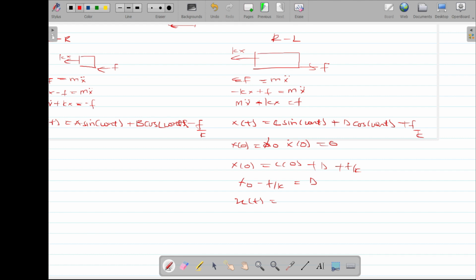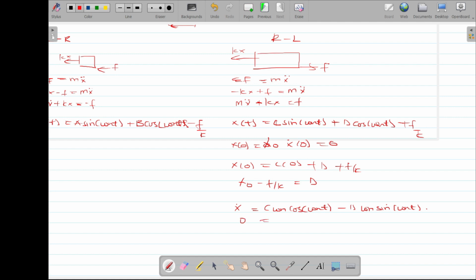To find C, we have to differentiate the function and then substitute D and find C. So x dot will be equal to C omega n cos omega n t minus D omega n sine omega n t, and the constant goes to 0.